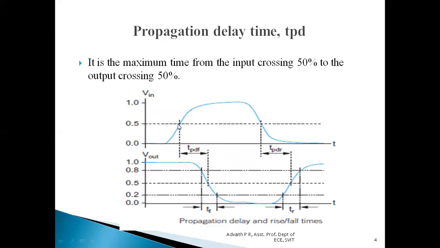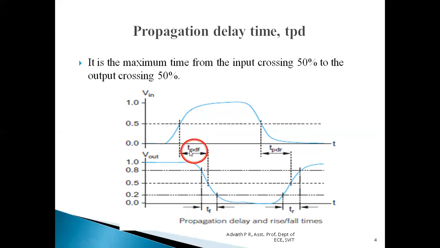At this point, the input is crossing 50%, and at this point, the output is crossing 50%. So this is propagation delay time.